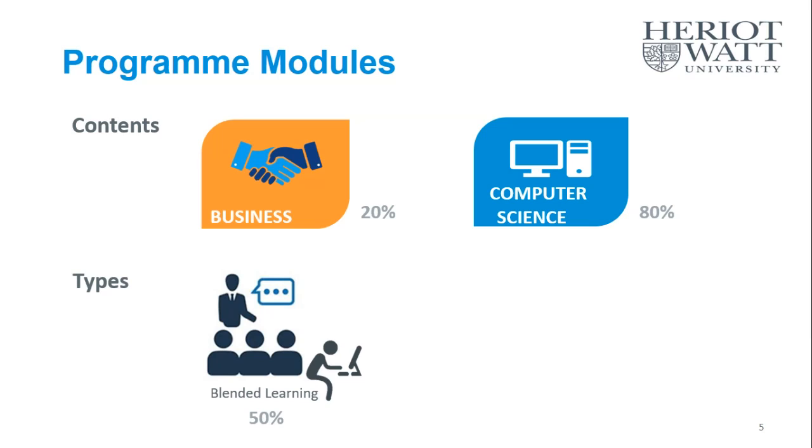We develop online material and online assessment. They will need to use this online material on their own. Normally they would be required to spend 6 hours doing this online study. So combining this self-study of 6 hours plus the 1 day a week on campus, we have this 50% of blended learning.